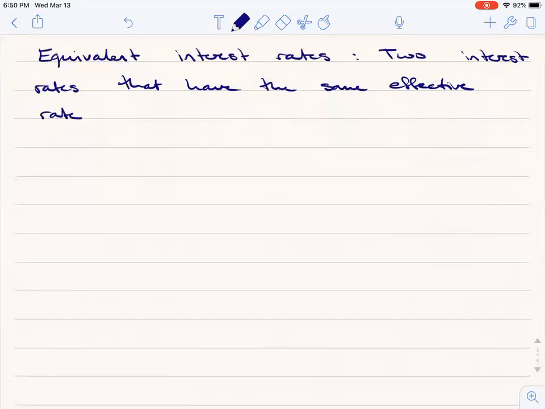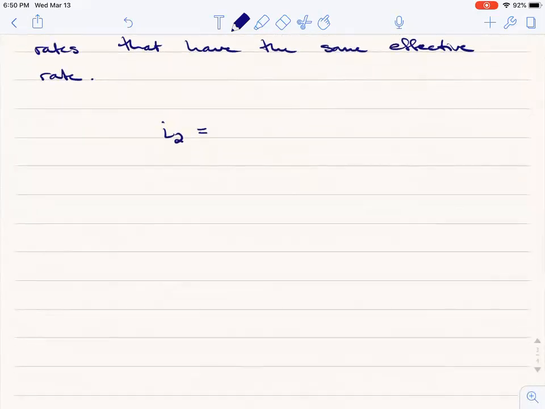How we calculate it, we're going to find that i2 is (1 plus i1) to the power of f1 over f2, minus 1.